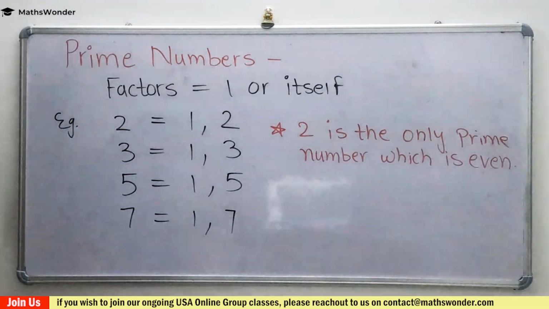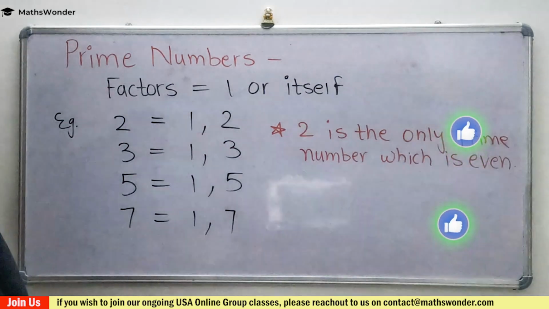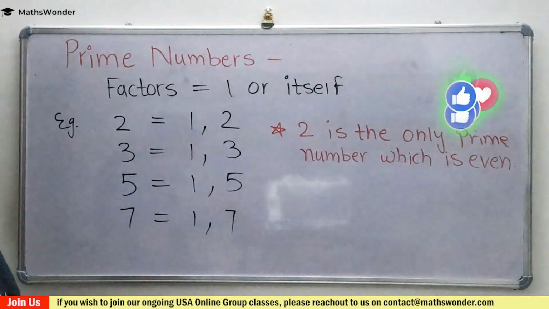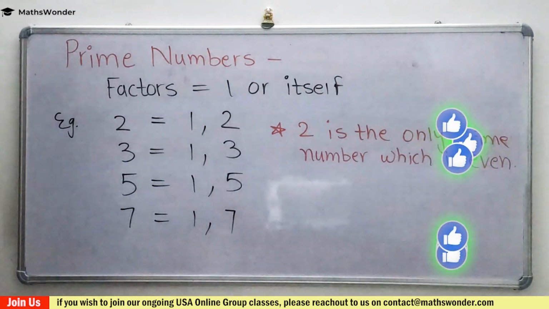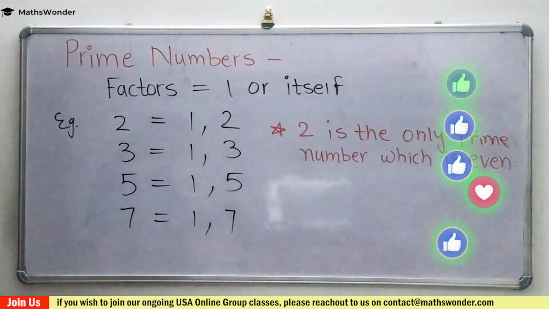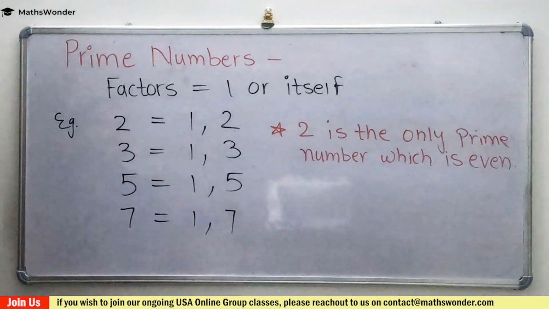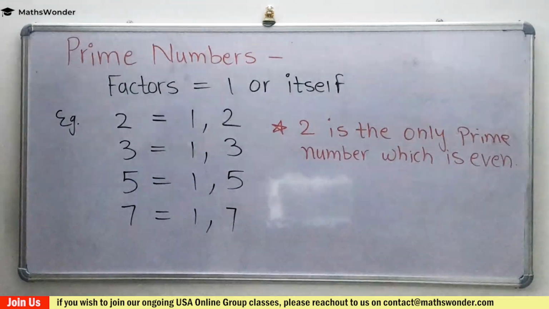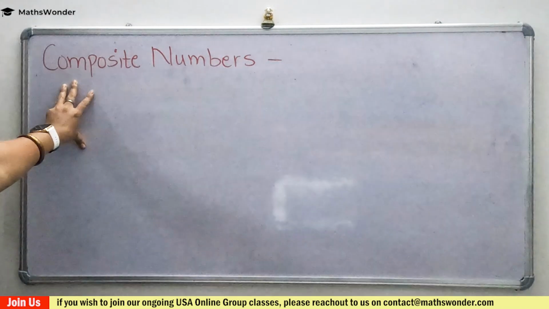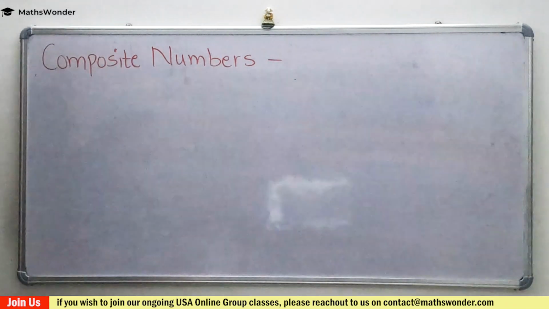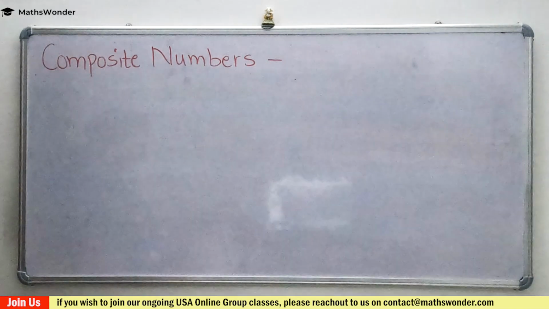Now come to composite numbers. Numbers that have factors other than 1 and itself are called composite numbers. Numbers having more than 2 factors are called composite numbers.